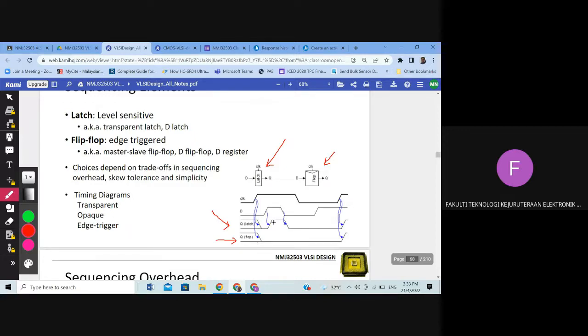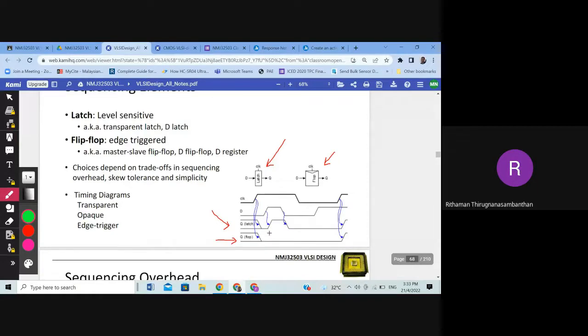So maybe I explain further. Sir, the latch is triggered when the input is having a positive edge triggered or negative edge triggered, and the flop just follows the clock. You mean positive edge or level?